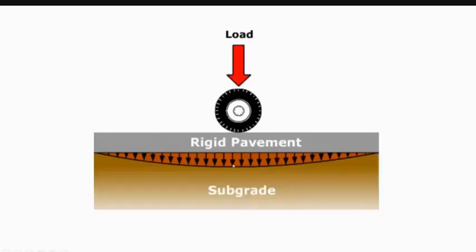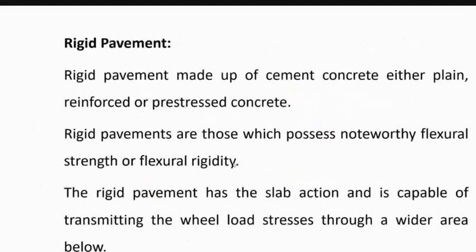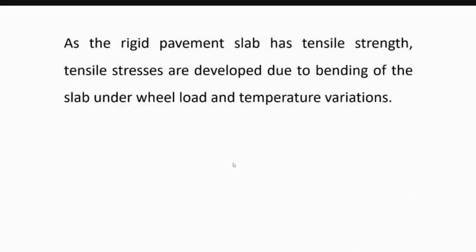So that we will not observe in case of rigid pavement. But flexible pavement, yes, definitely you can observe such kind of rutting action. And as a rigid pavement slab has tensile strength, tensile stresses are developed due to bending of the slab due to the wheel load and temperature variations.